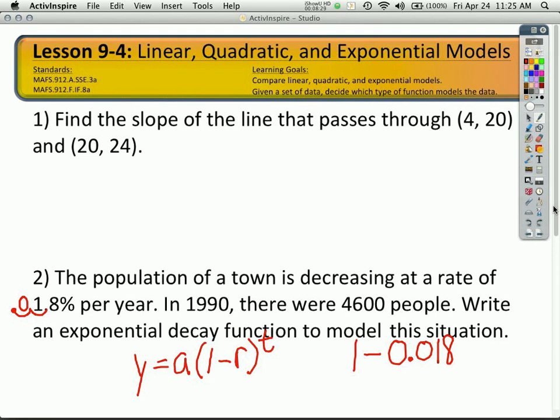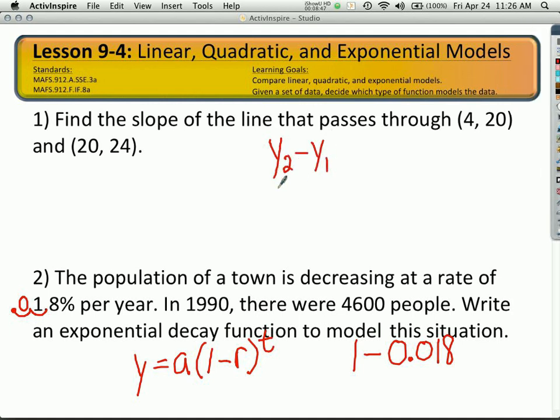All right, well, I have a question. Give me a thumbs up if you got number 1 correct. Good. Gloria, how'd you do it? y2 minus y1 over x2 minus x1. I'm missing something over here. What goes right there? Angela?